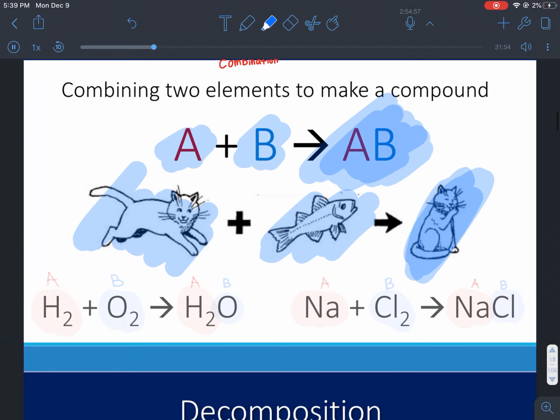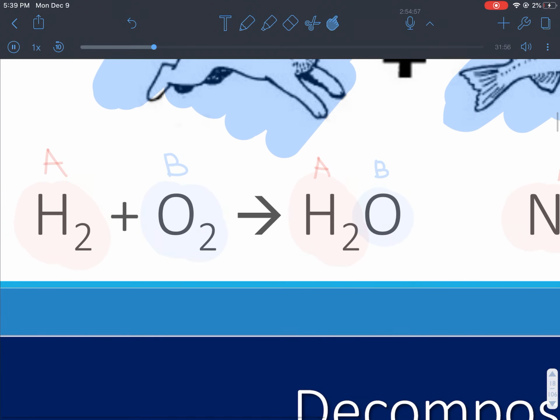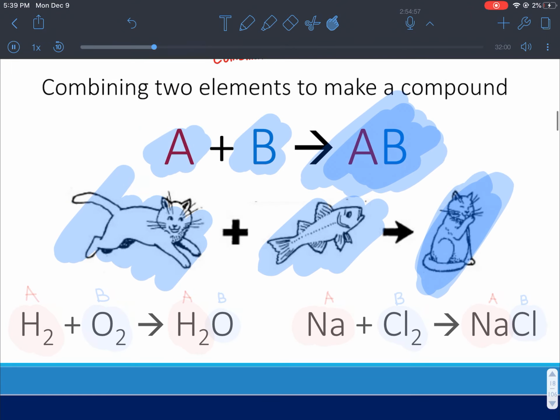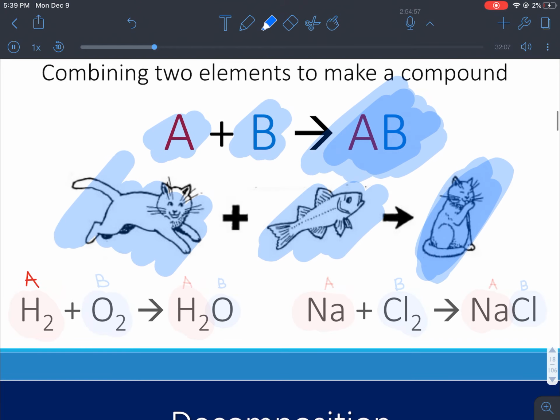Down here, you can see this pattern. A plus B making AB. Hydrogen is your A. Oxygen is your B. So A plus B makes one compound, AB.